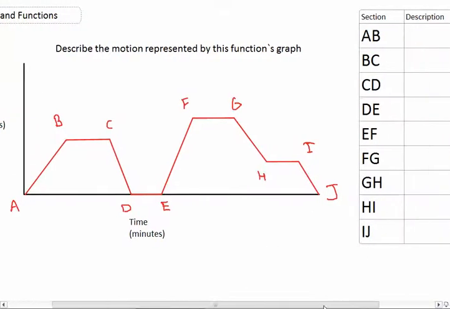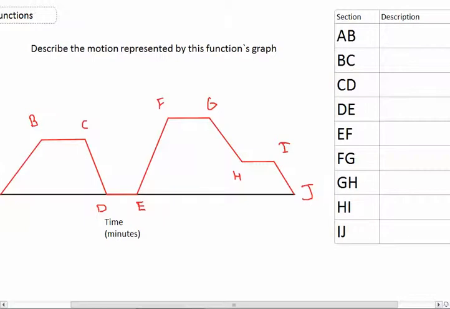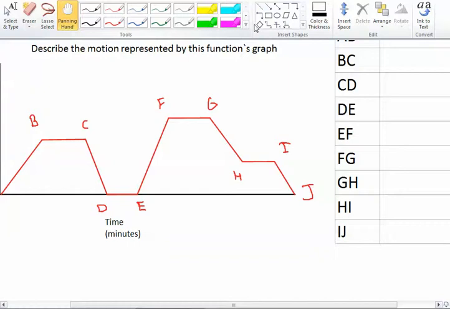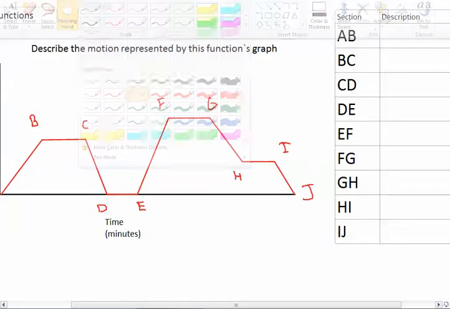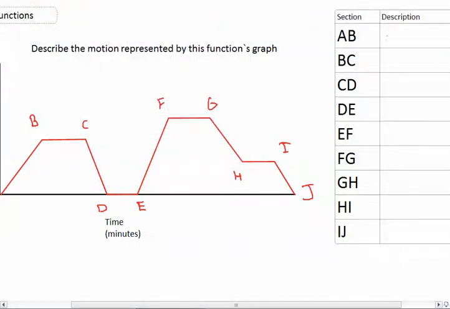So what we can do is take a look at the different sections and talk about what's happening. So let me grab one of my thicker pens here. We said from A to B, we're speeding up. What did we say is happening between B and C? Well, it's a constant speed, right?